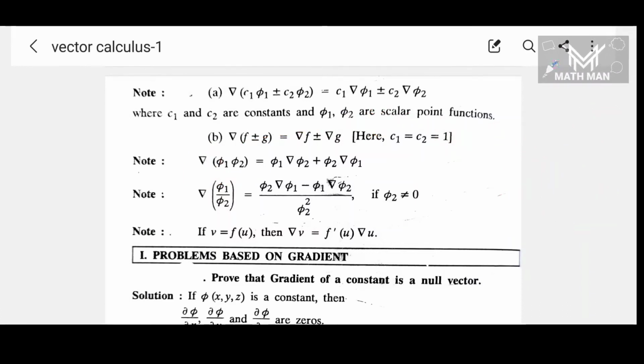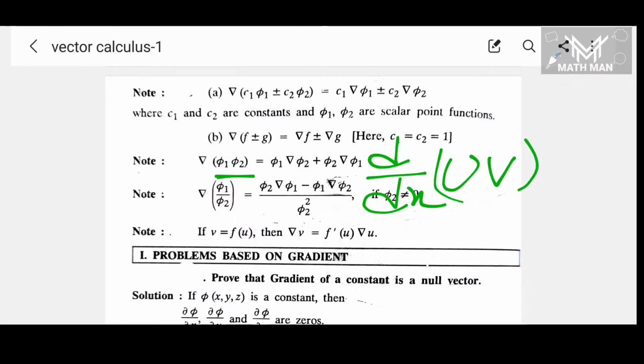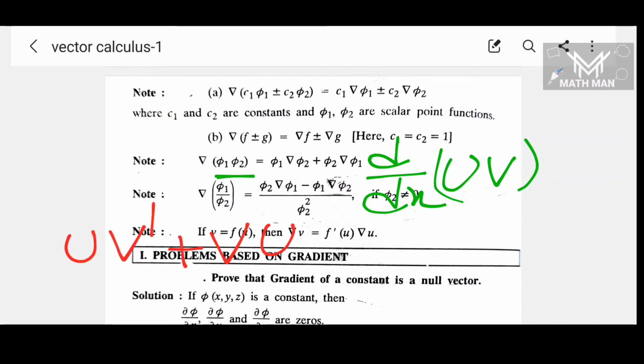In the same way, if two scalar quantities phi 1 and phi 2 are given, we know the d by dx of uv formula. Do you remember? u v dash plus v u dash.